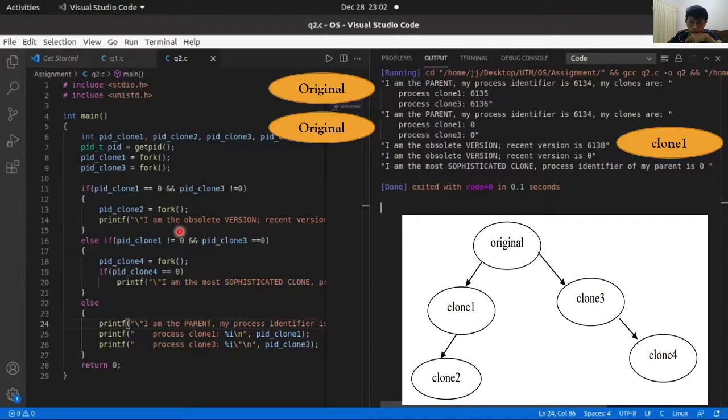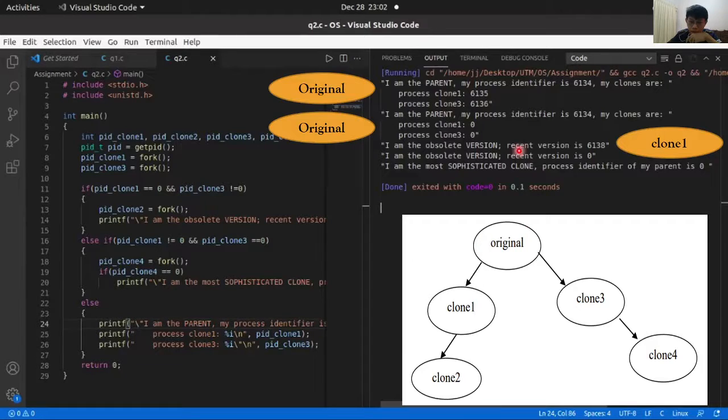At this moment, there are two possible outputs for the clone 2 PID. That's why we have this output and also this output, where 0 means that clone 2 is the child process. The 6138 means that clone 2 is running its parent process, but is still under the clone 1 child process.